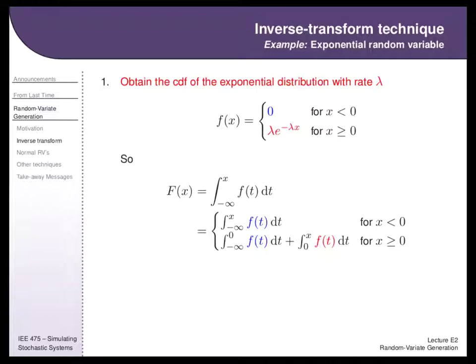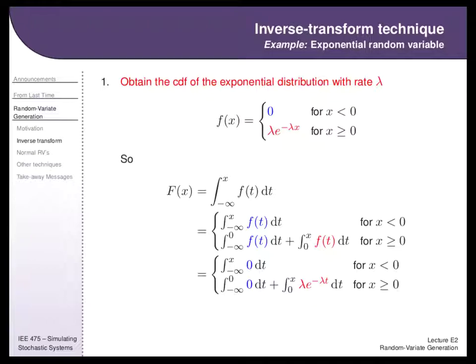So when I calculate my CDF, I actually have to break it into two pieces here: the negative infinity to x piece for x less than 0, and that piece all the way up to 0 plus this other piece which picks up at 0 and then takes it the rest of the way. Fortunately, this piece is going to end up being 0, so we'll only have to worry about this piece, but we're not always that lucky.